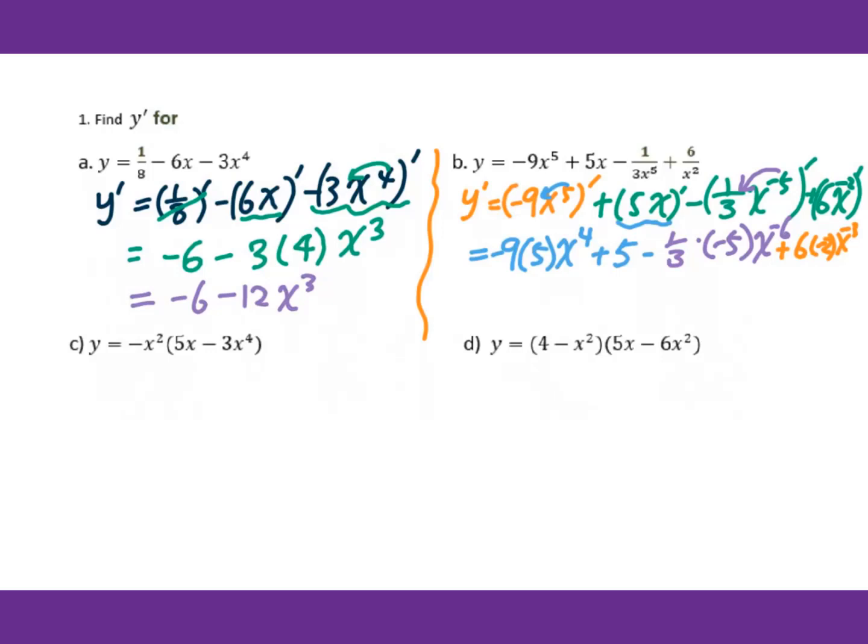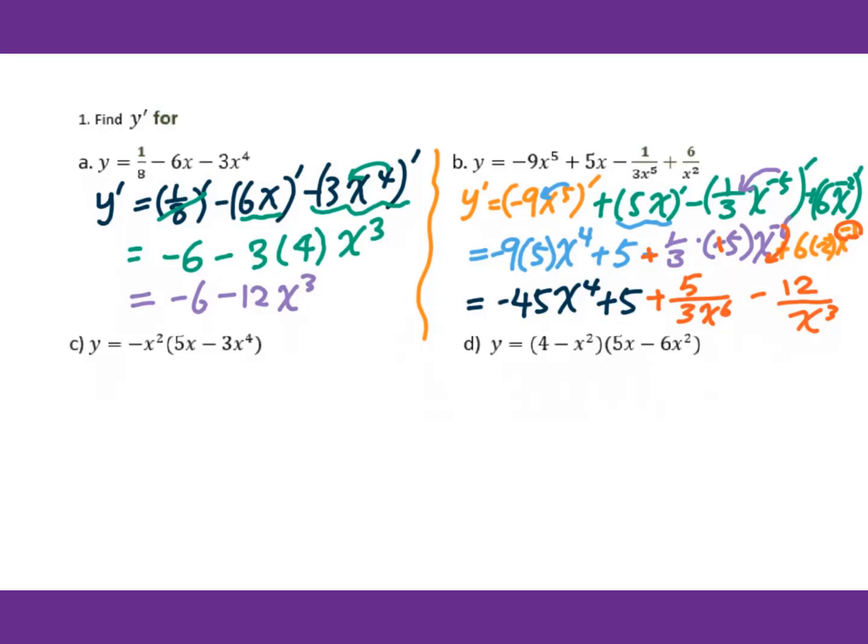So we have negative 45x to the fourth power plus 5. Negative negative will be positive, so we get plus 5 over 3. But with negative exponents, you put x to the 6th power in the denominator. Minus 12 over x to the 3rd power, because this is a negative exponent.